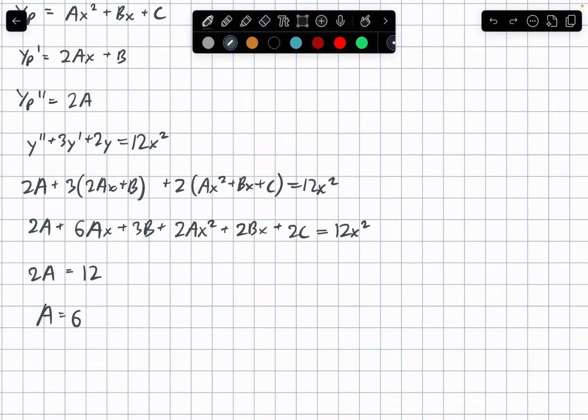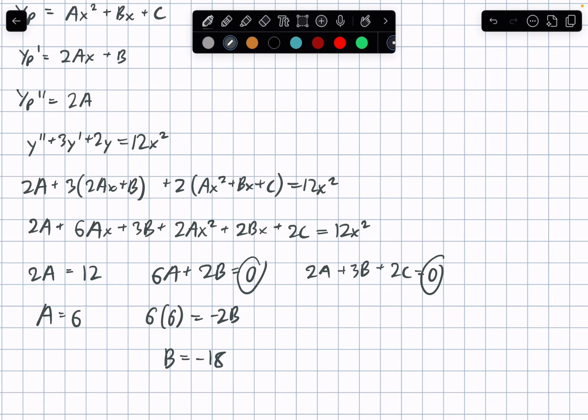Okay. 6a plus 2b is equal to 0. Substitute whatever 6 is, and then transpose 2b to the right side. Solve for b, 36, negative 18. And then for c, the ones without an x, just purely constants. 2a plus 3b plus 2c equal to 0.